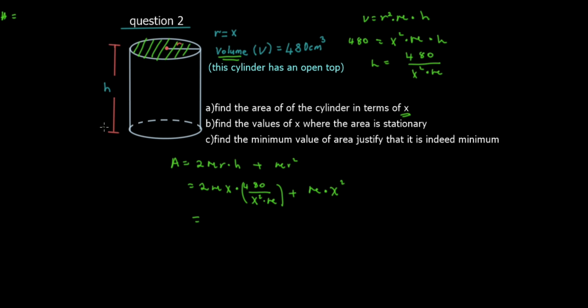Let me write it over here. So the x on top will go with 1 x at the bottom. So it will be left with 2 multiplied by 480 over x.